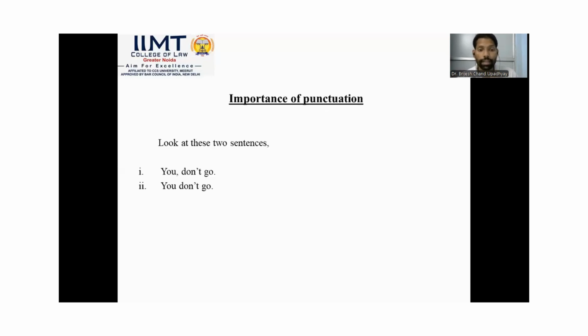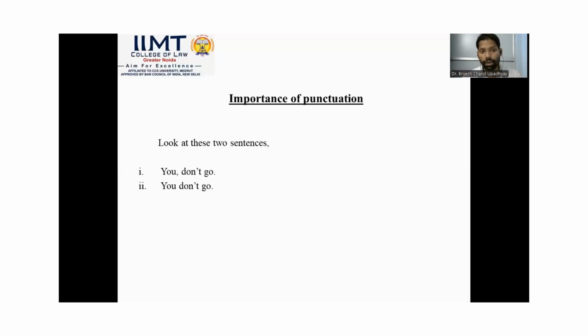You can check these two sentences and compare them, please. You don't go. The second sentence is the same in wording, but only the comma has been removed from it.